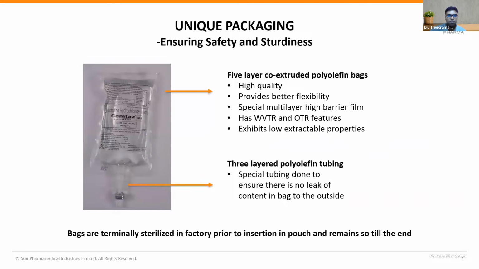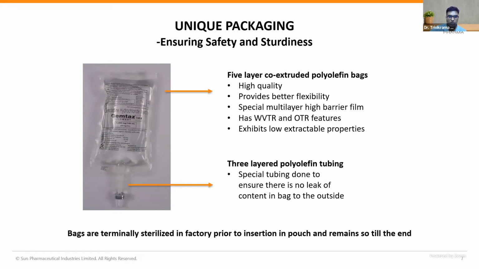The main bag, which contains the drug, is a 5-layered co-extruded polyolefin bag of high quality, which provides better flexibility. It has a special multi-layer high barrier film with a well-balanced oxygen transmission ratio and UV light transmission.